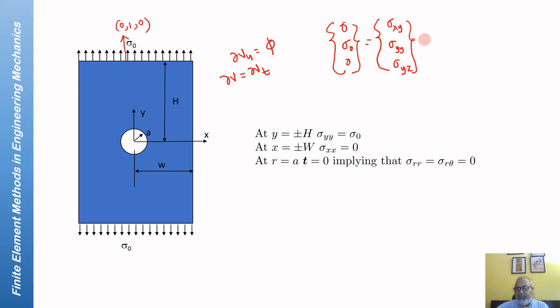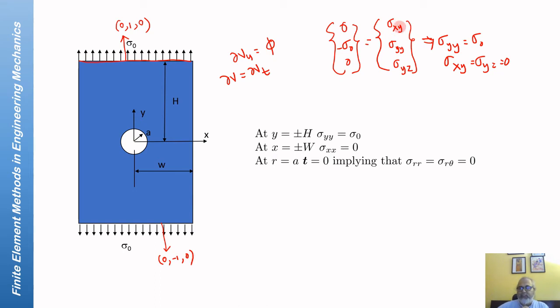This is the Cauchy relation, which will imply sigma yy is equal to sigma naught, and sigma xy and sigma yz are equal to 0 on this face. On the lower face, again you will have the same thing, but this is negative because it is pointing in the negative y direction, and the normal also is (0, -1, 0).